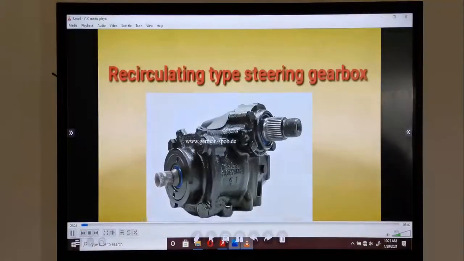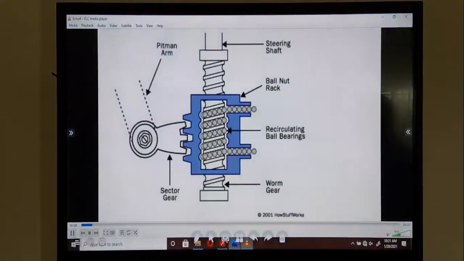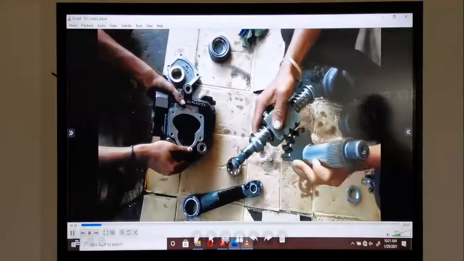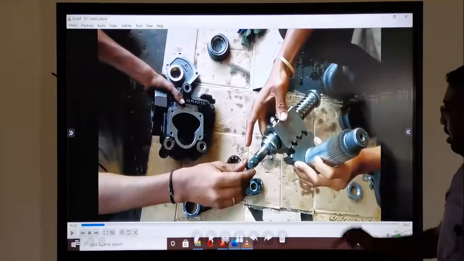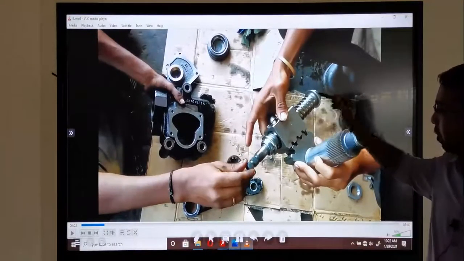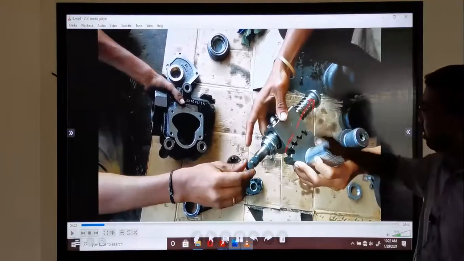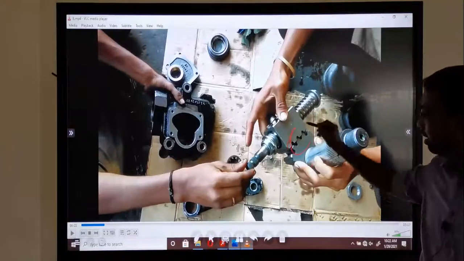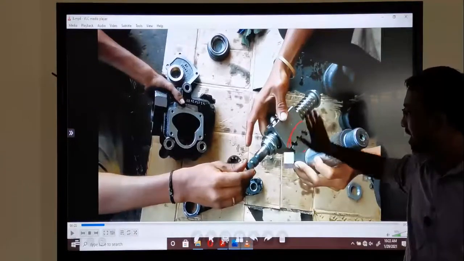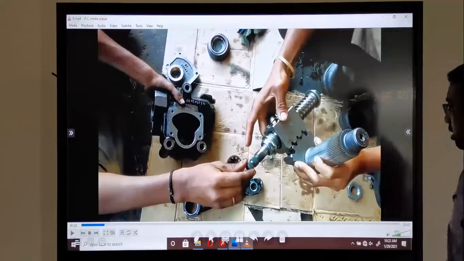Next we study the recirculating type steering gearbox. Here I already showed this picture. When we dismantle a recirculating gearbox, what will happen? You can see, this is the ball nut drag, this is the worm gear, which moves this way or that way. This is the gear sector, and both gears are meshed with each other.